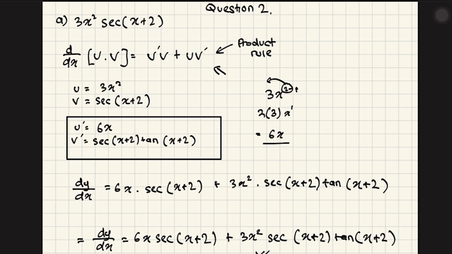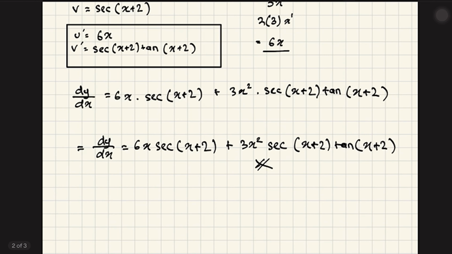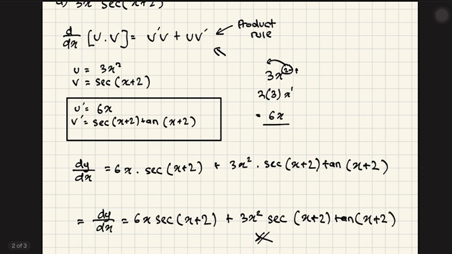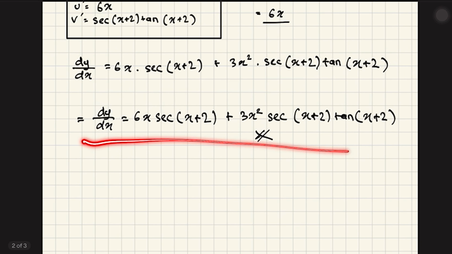So the u prime is 6x, while the v after differentiate will be sec x tan x plus 2. Right, so after that we need to bring this u, v and u prime, v prime into the product rule and it became like this. So this is your final answer.